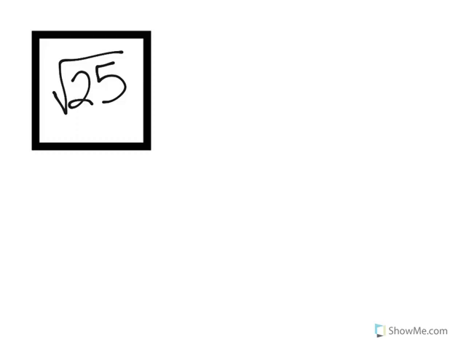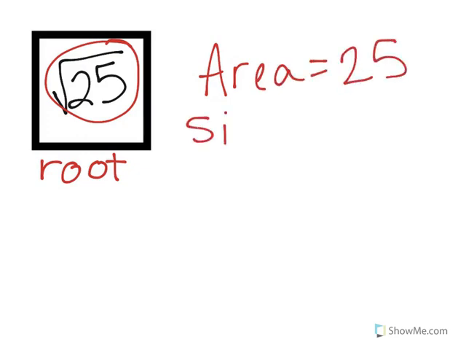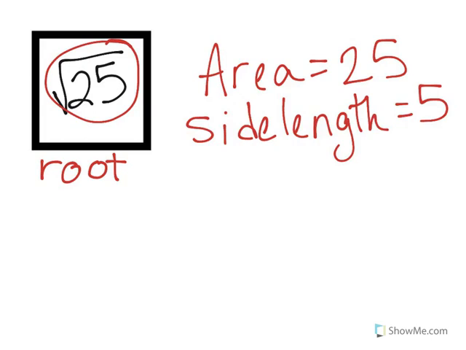So some people like thinking of it that way. This is my root, and this is my area. So if the area of a square is 25, what is its side length? Therefore, the square root of 25 is 5.